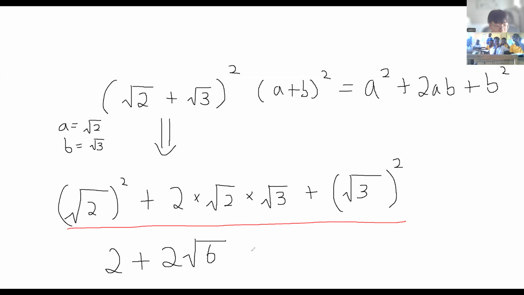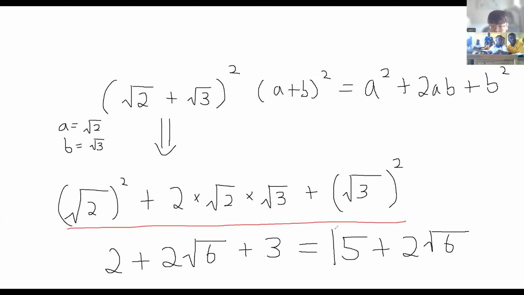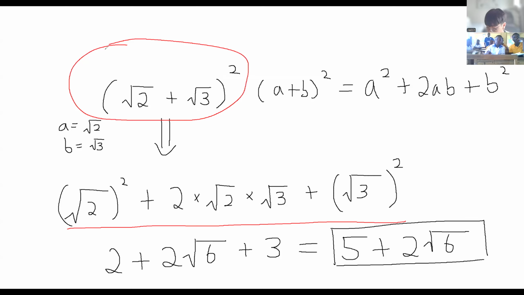Plus the square root of 3 squared, which is equal to 3. We can combine 3 and 2 together, so this becomes 5 plus 2 square root 6. So that is our answer, or simplified solution to this one.